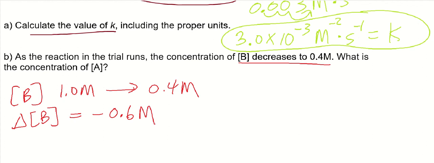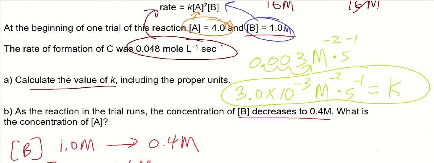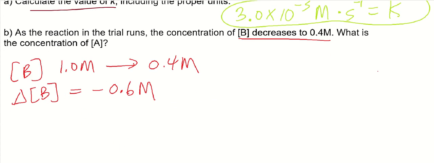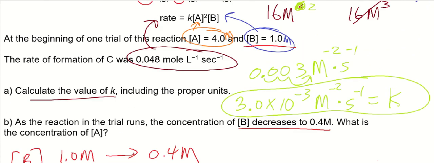So what's the relationship with reactant A? Well, reactant A is getting used up twice as fast as reactant B. So twice as fast. So for reactant A, in the same amount of time, it has gotten used up 1.2 moles per liter, or molar. Now, what did it start at?